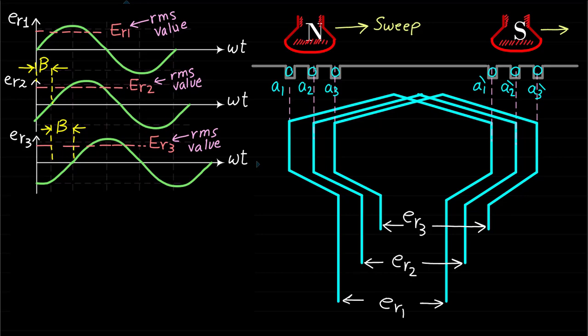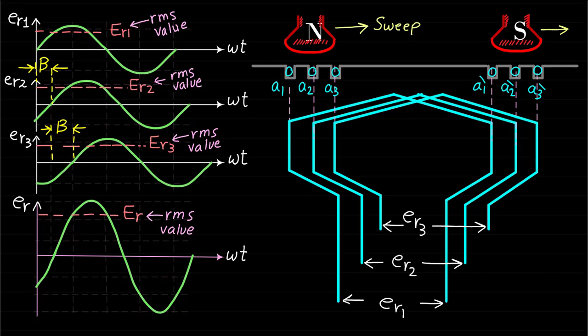The RMS values of these instantaneous voltages are represented by ER1, ER2, and ER3. It should be noted here that the RMS values ER1, ER2, and ER3 are equal because we assume that the number of turns of the three coils A1, A1', A2, A2', and A3, A3' are equal.